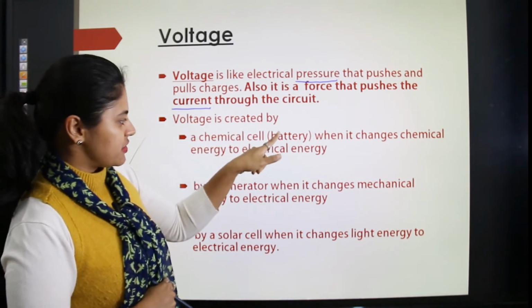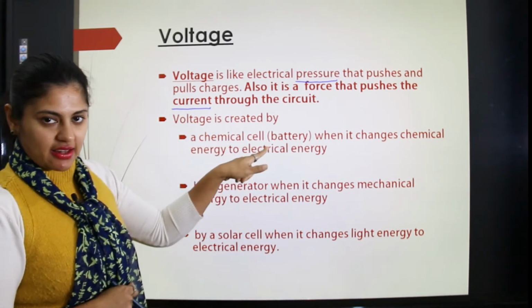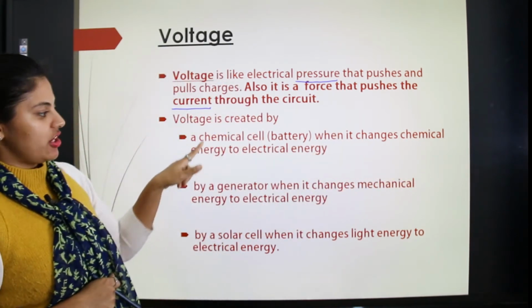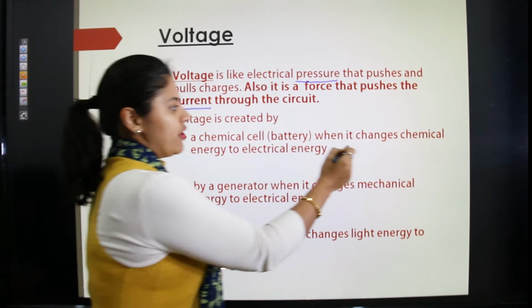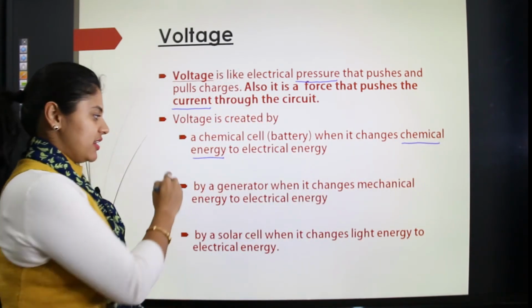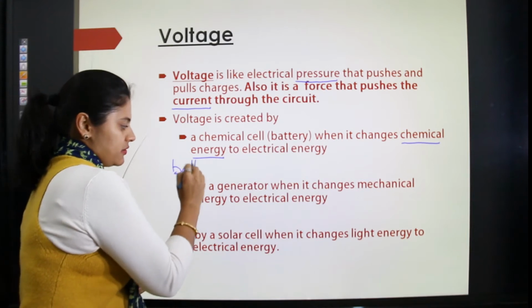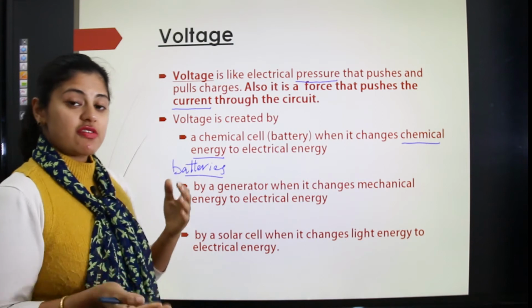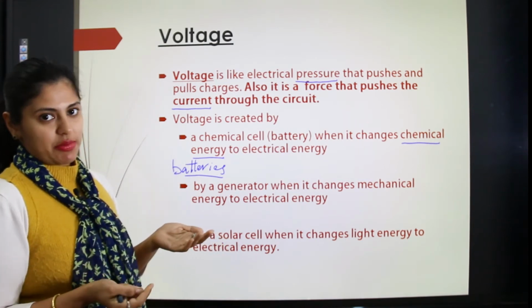Voltage is created by a chemical cell battery when it changes chemical energy to electrical energy. When we talk about chemical energy, we mean the energy in the batteries. So we can write here: the energy in the batteries is called chemical energy.